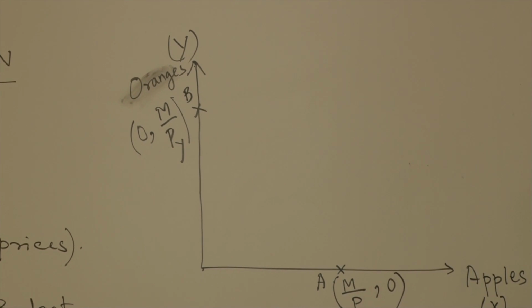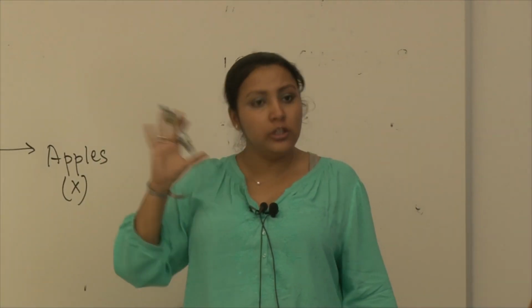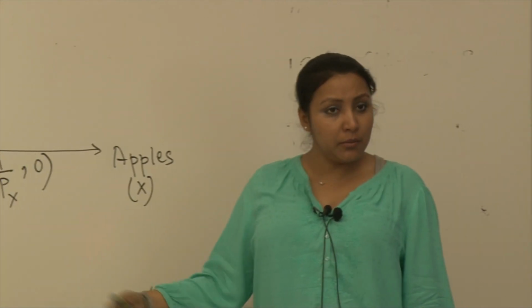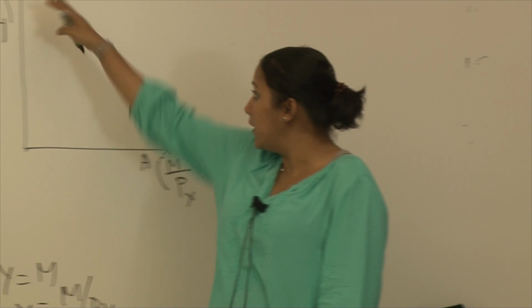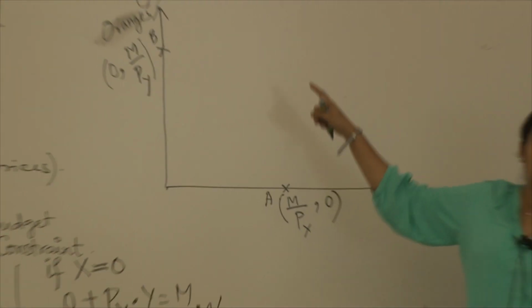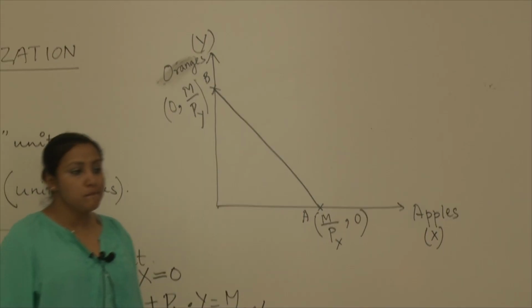That is also possible, correct. I can think that I am going to spend my money only on one good, I do not need the other. And there may be somebody else who thinks I need the other one only. So, these are basically 2 corner points or 2 extreme points.